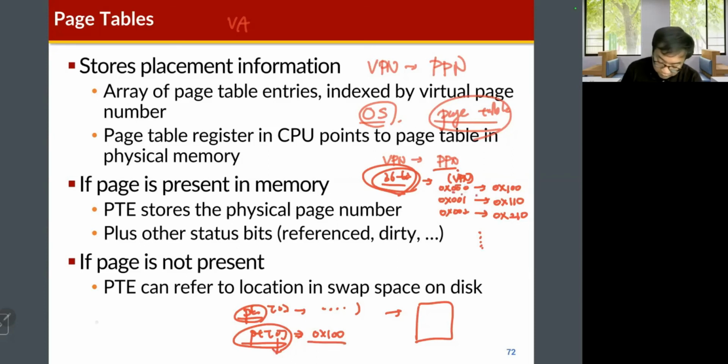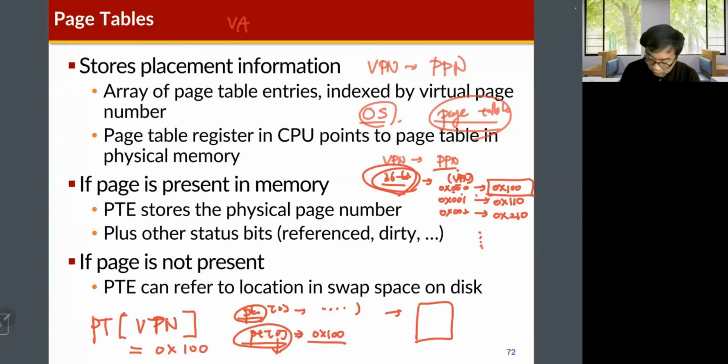So we access the page table entry with the VPN, the virtual page number, and then the entry includes the target physical page number, like 0x100.